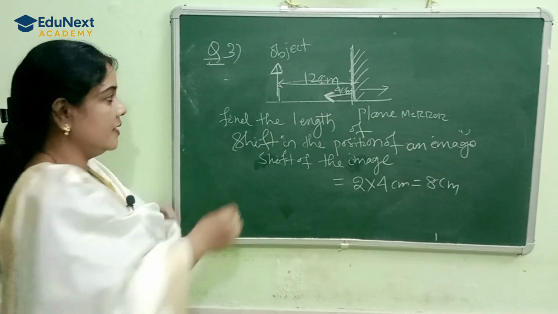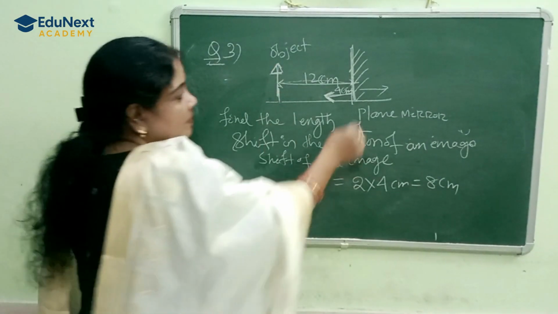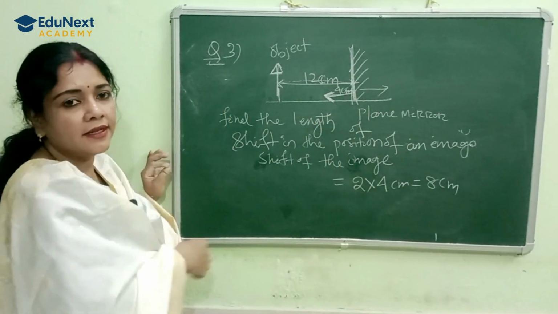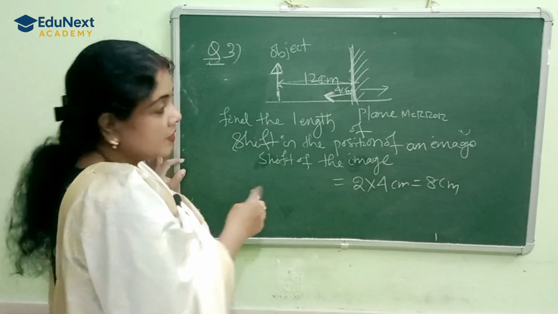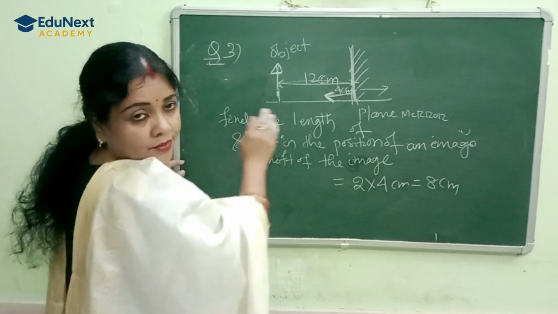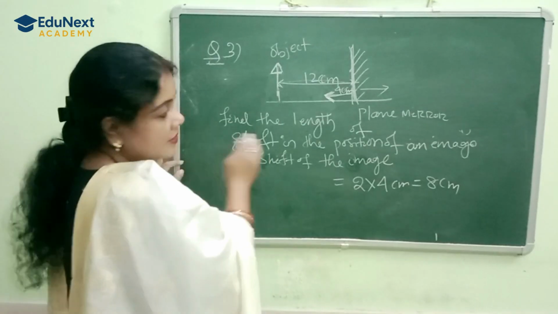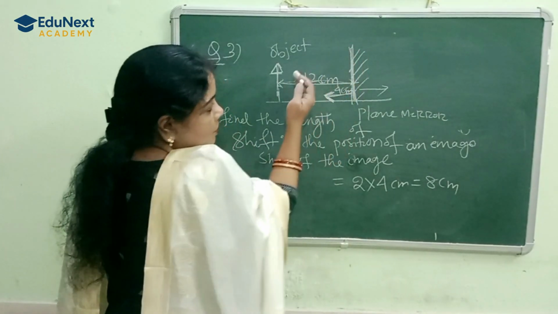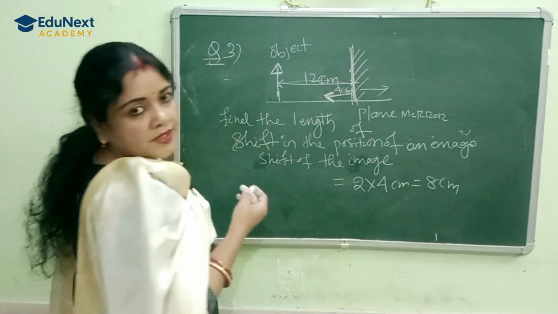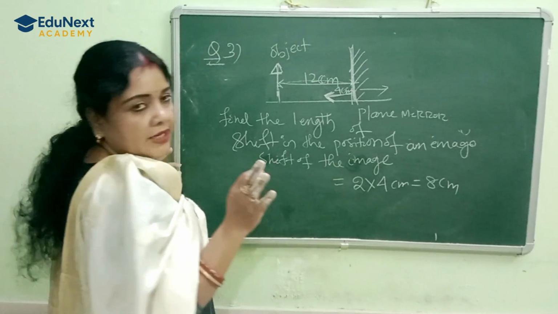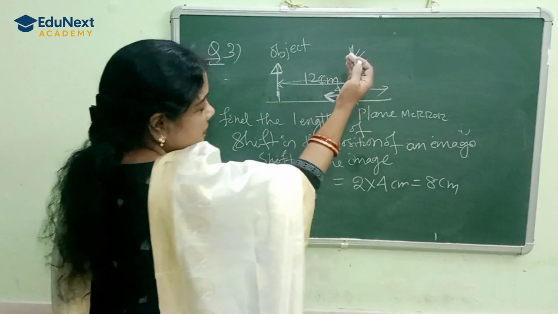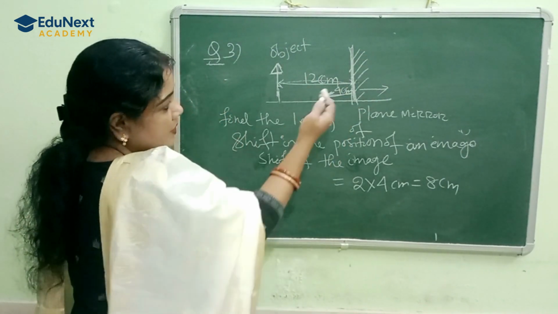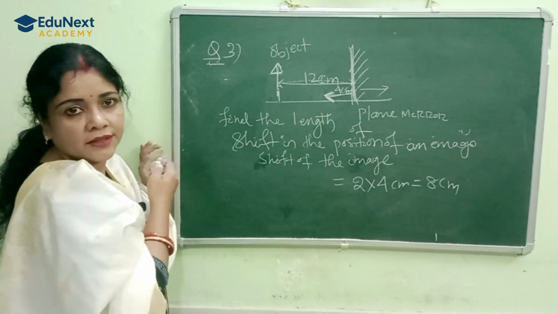Again I am repeating. There is an object. There is a plane mirror. Initially, the distance between the object and plane mirror is 12 centimeter. Keep the object fixed. Let us move this mirror towards and away from the object. Whenever we move the mirror towards the object, the image also shifts towards the object.